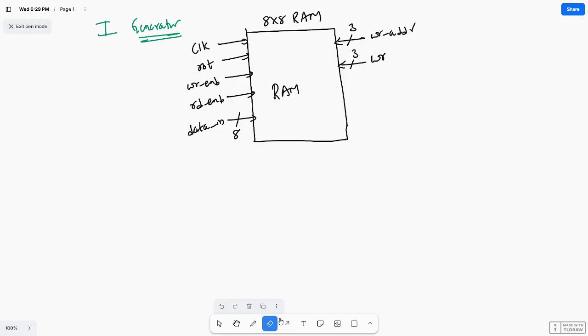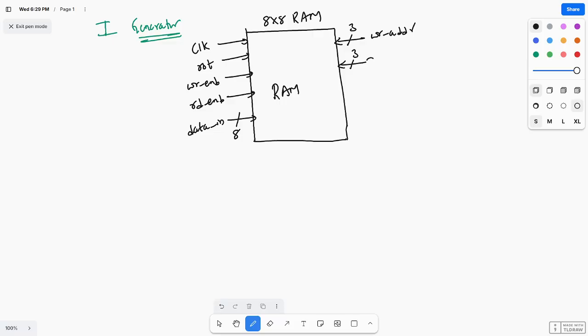And data underscore out. This is 8-bit. So here what you are doing is providing the stimulus.